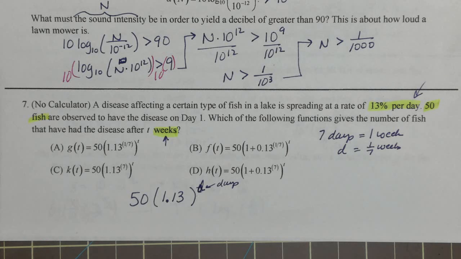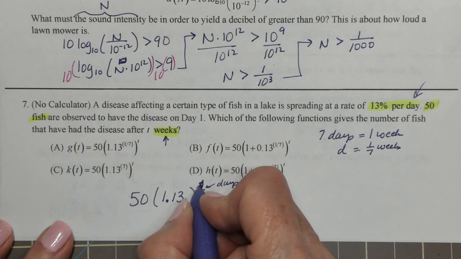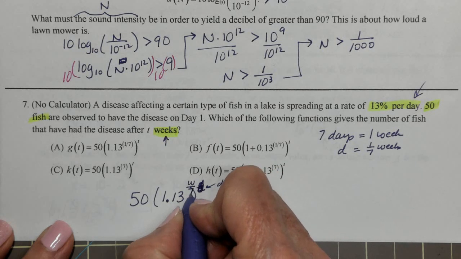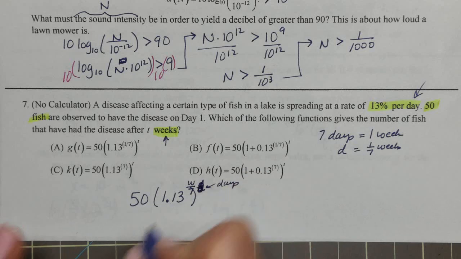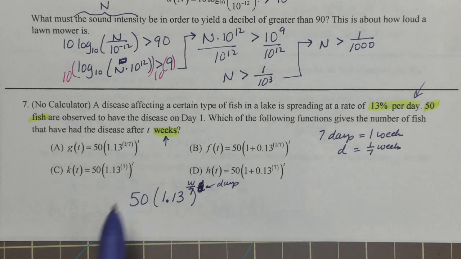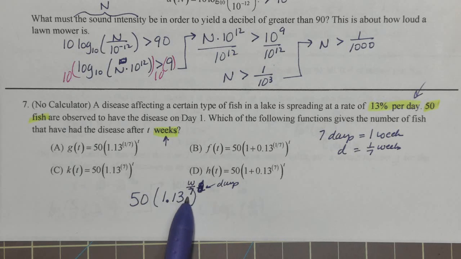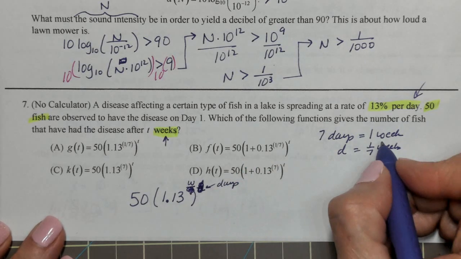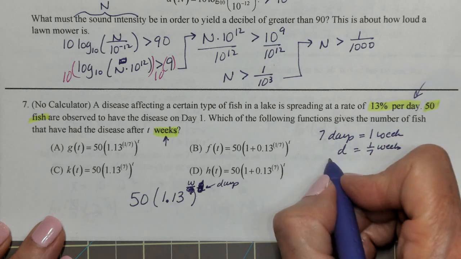So I need to divide, if I'm changing this to weeks, I need to divide it by 7. Yeah? So let's check that. Let's see if it works. After 1 week, 1 week would be 7 days. Is that right? Ooh. No, that's not right. That is not right at all.